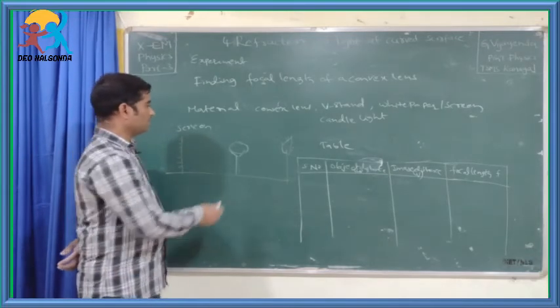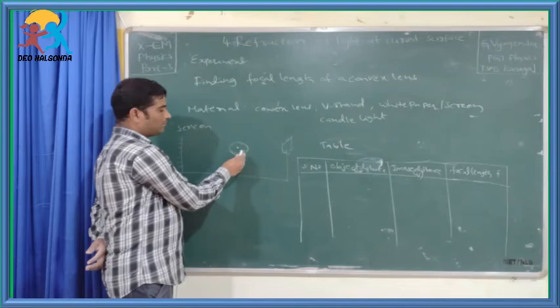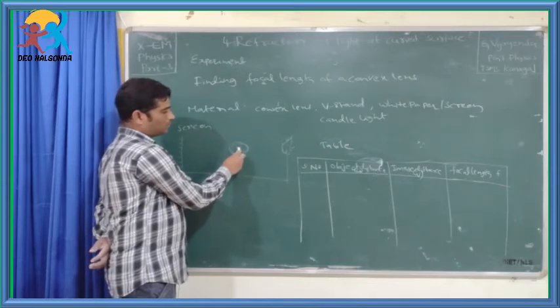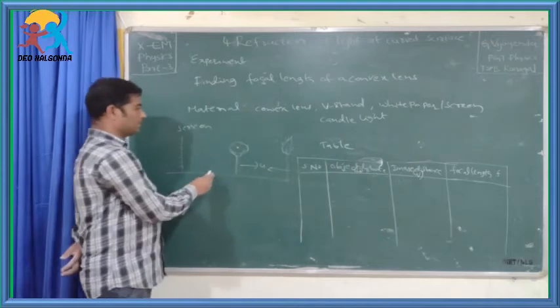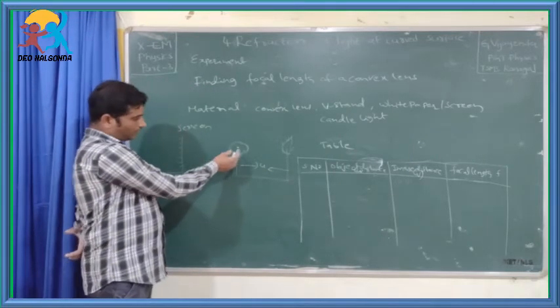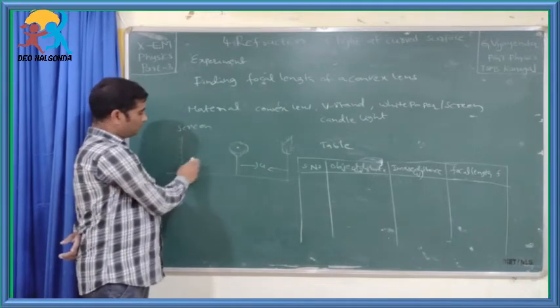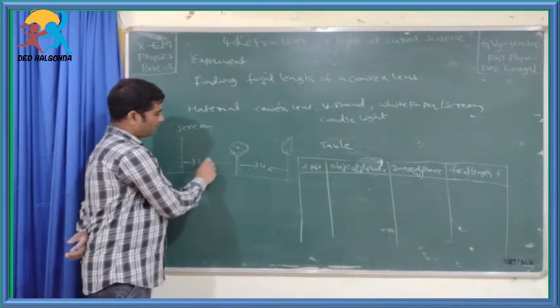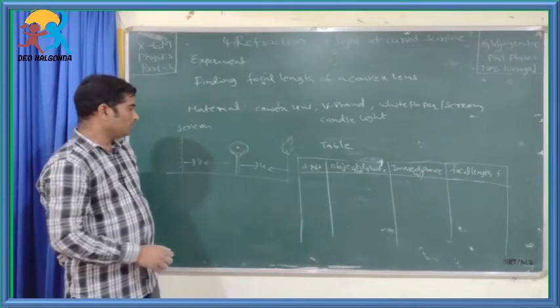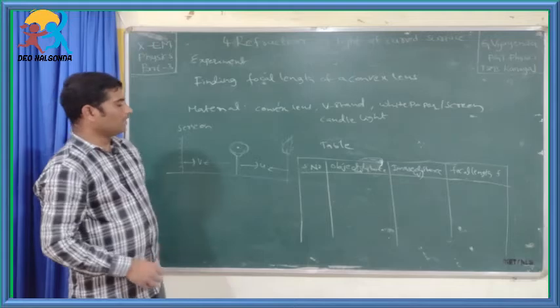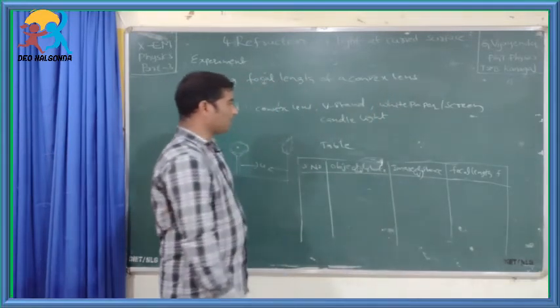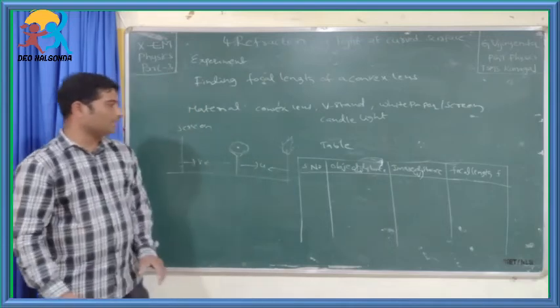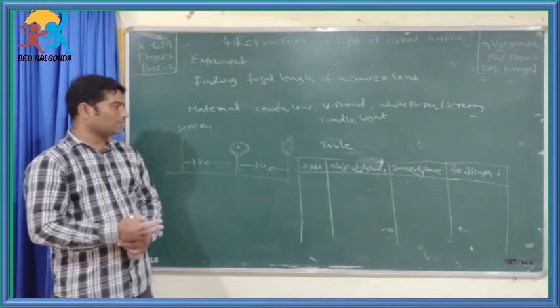The distance from the optic center of the lens to the object is called object distance u, and the distance from the optic center of the lens to the image is called image distance v. In every case you note down the values in the table, and from the focal length formula you can find the focal length of the convex lens.